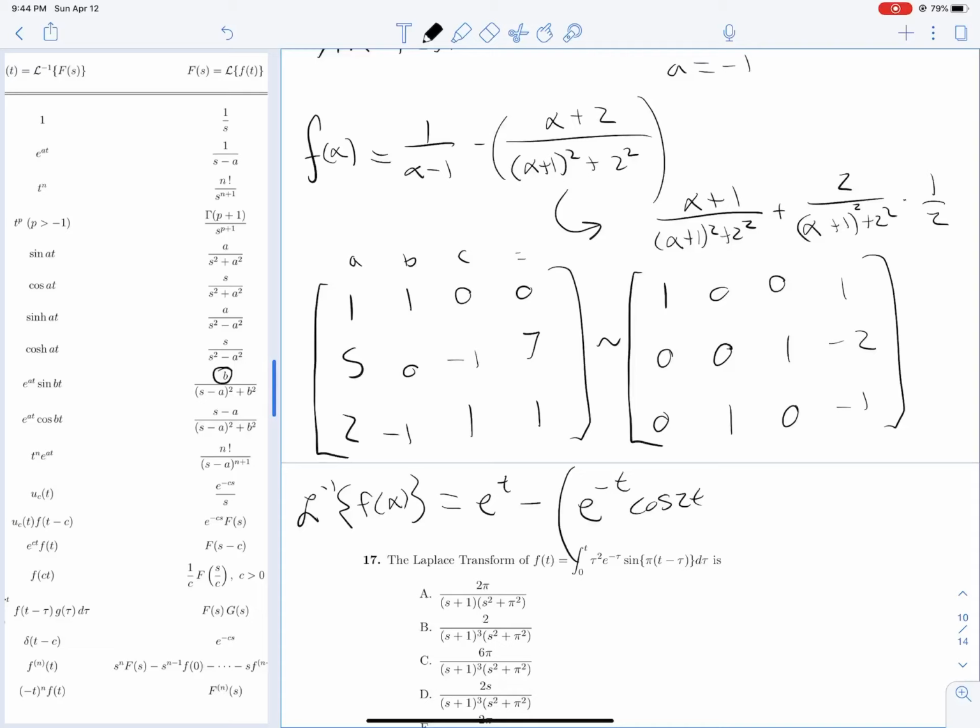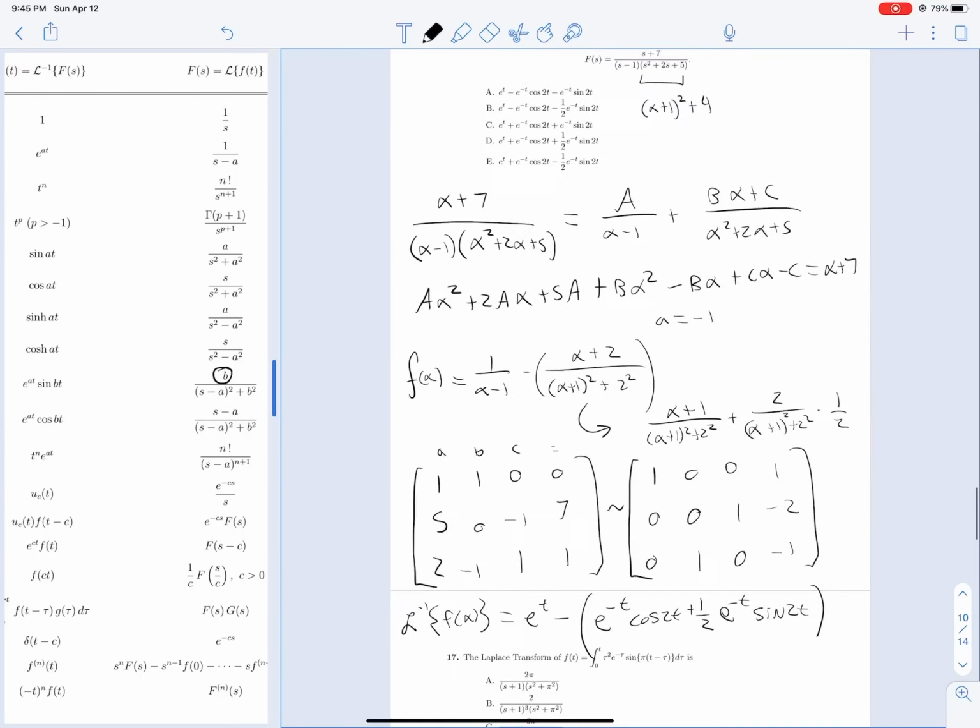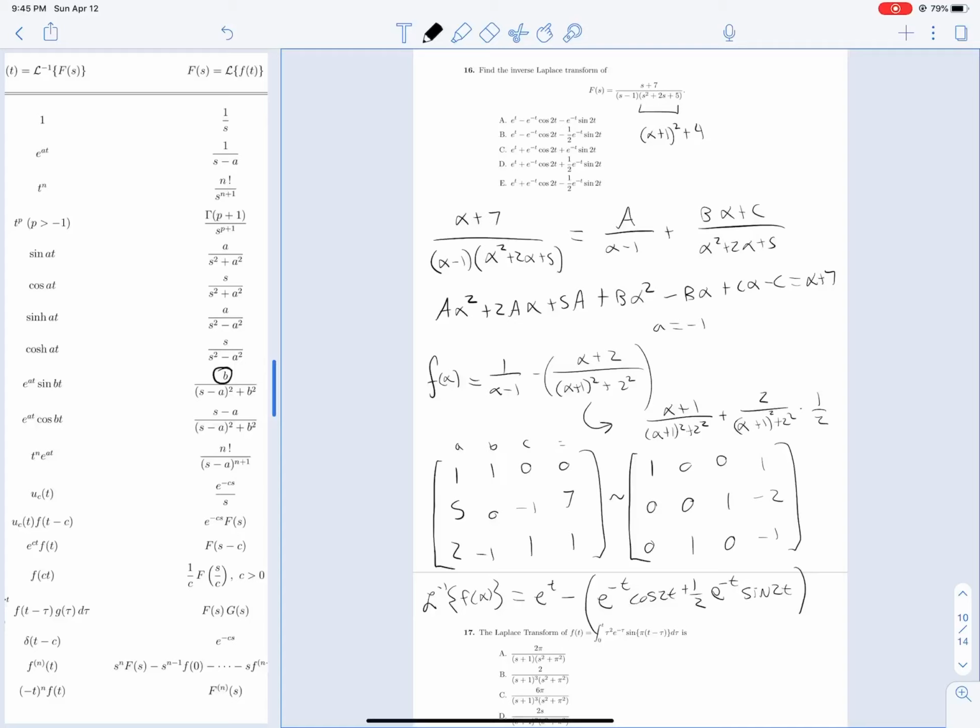And then finally, we have plus 1/2 e to the negative t, and then this will be sine bt yet again, so sine 2t. Okay.